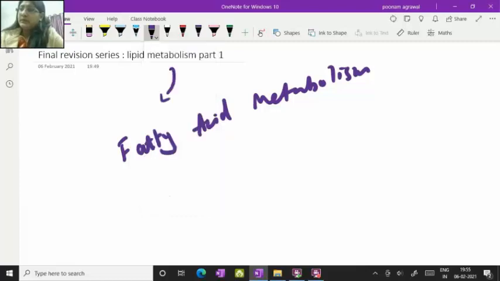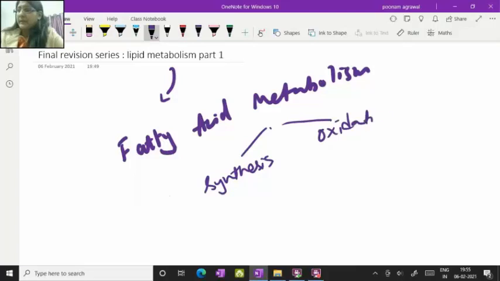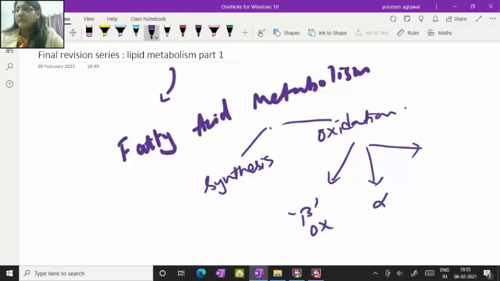One is the synthesis of fatty acid and another is oxidation of fatty acid. The major oxidation which we talk about is the beta oxidation, but we also have alpha oxidation and omega oxidation of fatty acid.